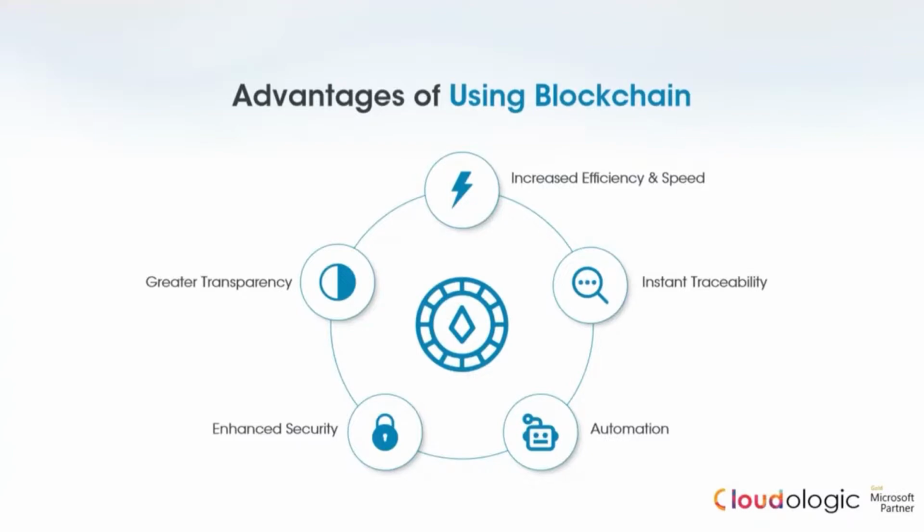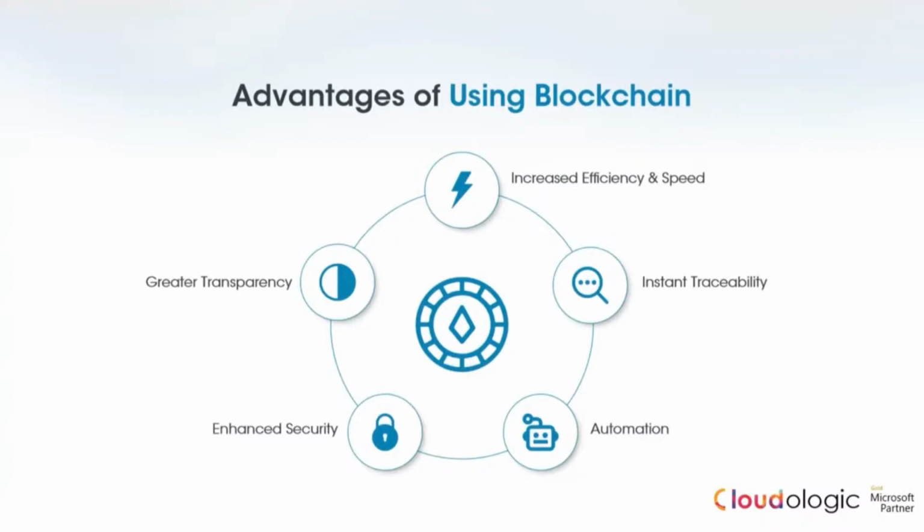Traditionally, paper-heavy processes are time-consuming. They are also prone to human error and often require third-party mediation. By streamlining all these processes with blockchain, transactions can be completed faster and more efficiently. There's no need to reconcile multiple ledgers, so clearing and settlement can be much faster.